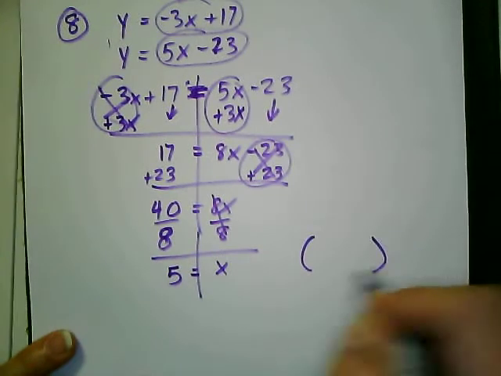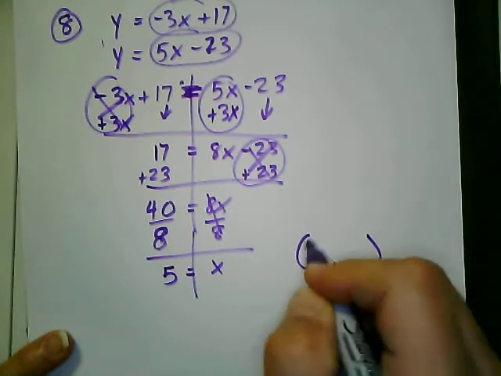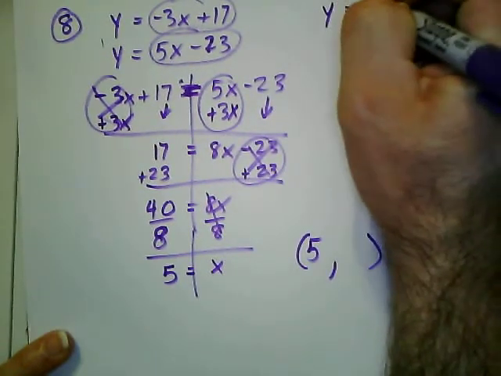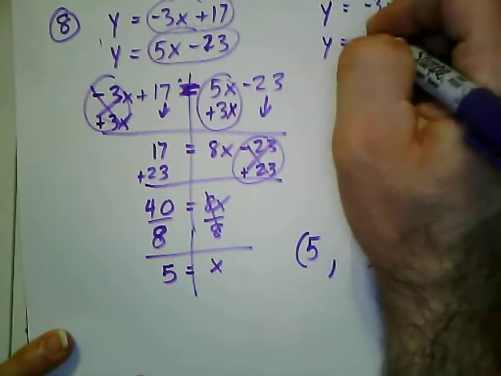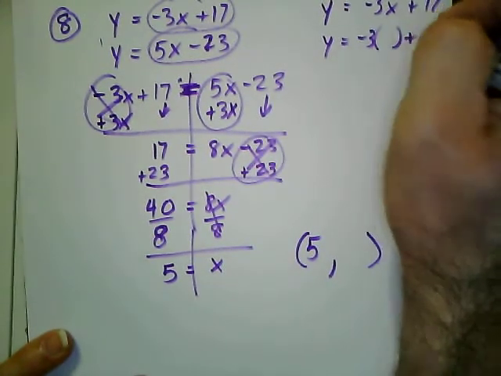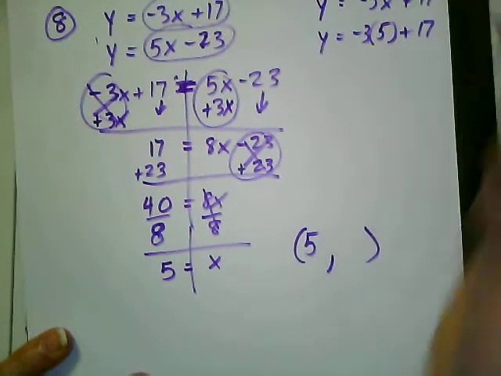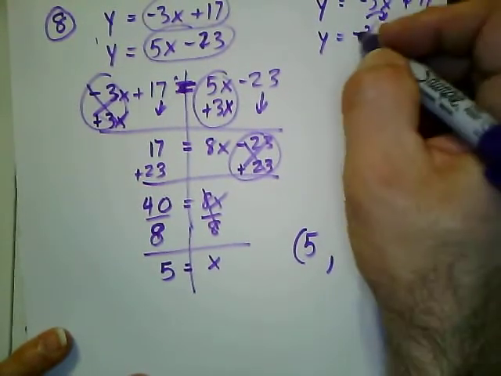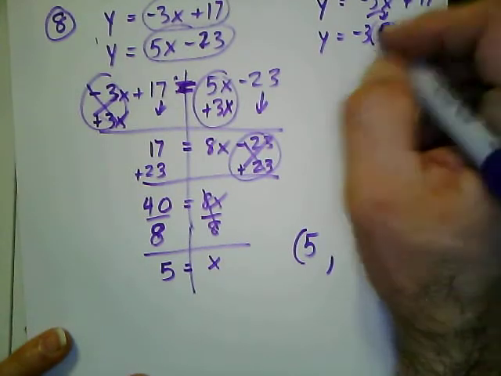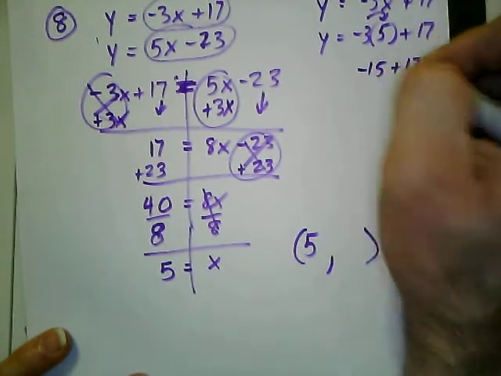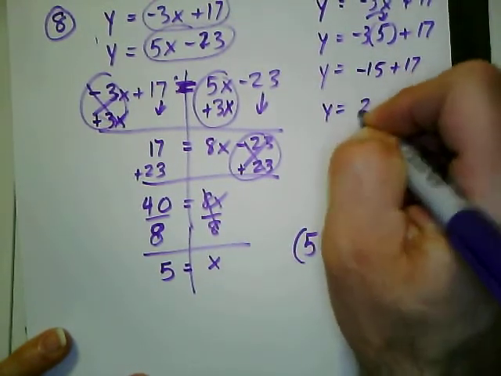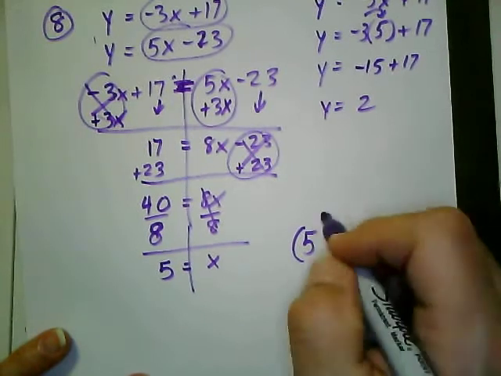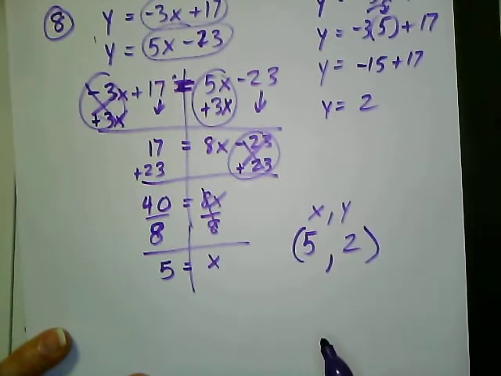That's the first part of this. That's the 5. Take that back in either one of these. I'm going to simply substitute that 5 back in for that x. Negative 3 times 5 is negative 15. And negative 15 plus 17 is 2. That is our xy coordinate point.